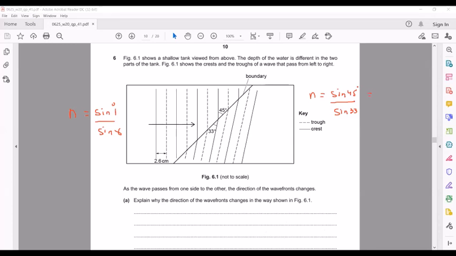What is the refractive index of the second medium? Sine 45 divided by sine 33, that is equal to 1.29.